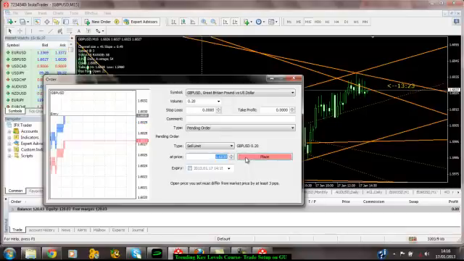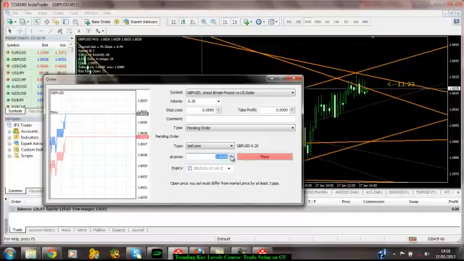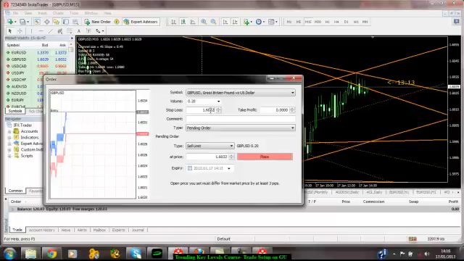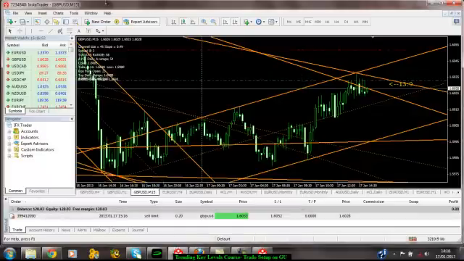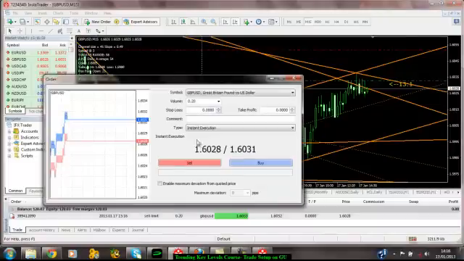Put 31, 32, okay, so 20 pips above that will be around 52. Alright, and on this one, I can still open on this.